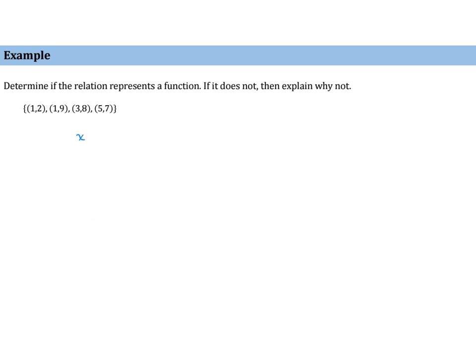So now let's do the same thing for this example. We have x values and we have y values. The x values are 1 again, I don't need to rewrite that, 3, and 5. The y values are 2, 9, 8, and 7. Notice 1 goes to 2, 1 is also assigned to 9, 3 is assigned to 8, and 5 is assigned to 7.